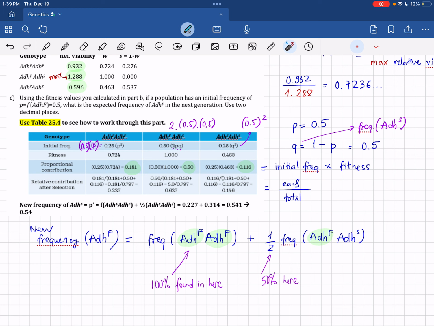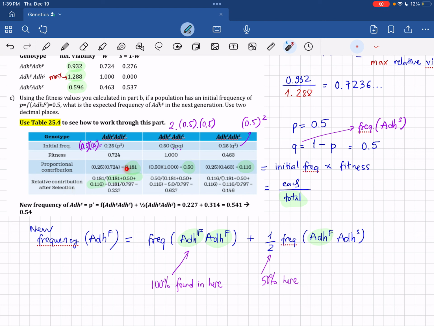Now we got the fitness information from the above section and we put it in here. Then the proportional contribution equals the initial frequency times the fitness. Just this one times this one, we get these values. Then when we sum them together, this is the total. Based on the proportional contribution of each genotype divided by the total, we can find the relative contribution after selection.